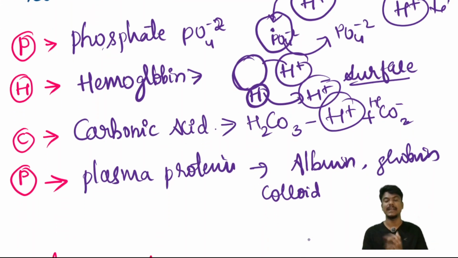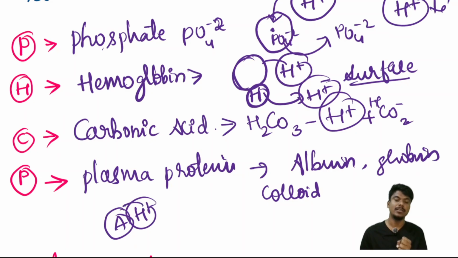The albumin will try to attract the H plus ion. So on the surface of the albumin, the H plus ion is going to bind. So it will dissolve into the albumin. That's how the plasma proteins will help to maintain the neutral pH.